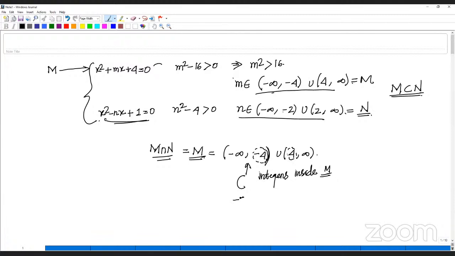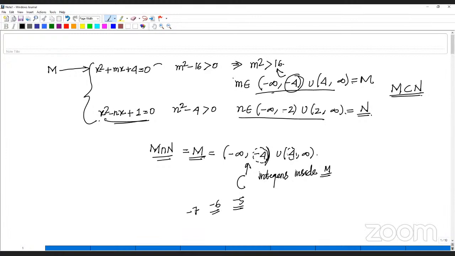You can take minus 5, minus 6, minus 7, but you cannot take minus 4, because minus 4 squared is 16, and we need greater than this. 16 is not greater than 16, so you have to exclude minus 4 as well as 4.